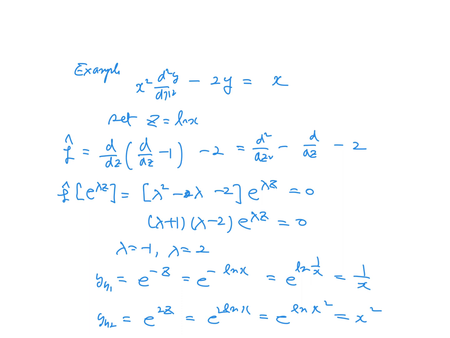So can I move on? Okay, so yh1 is 1 over x, yh2 is x squared. So the Wronskian is 1 over x squared, minus x squared, 2x, right?